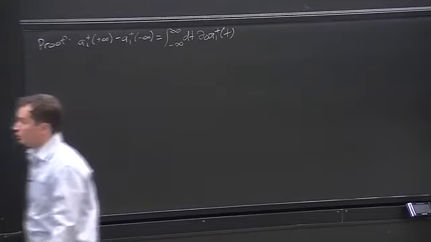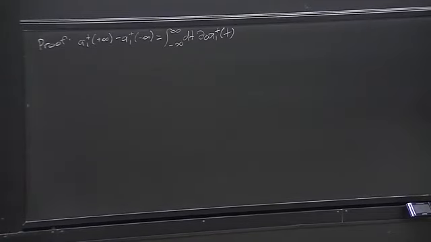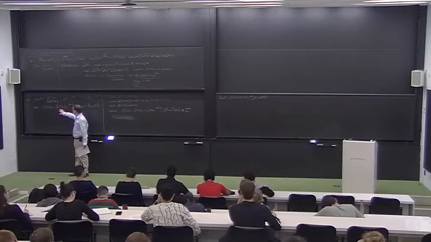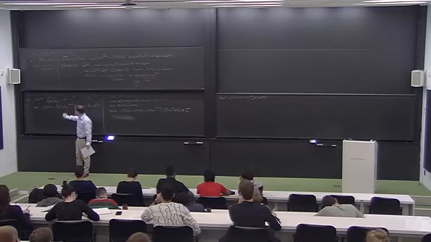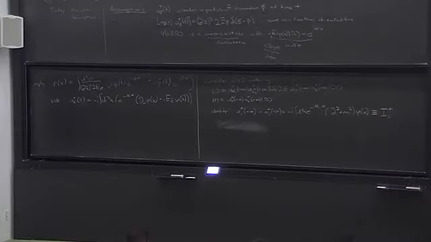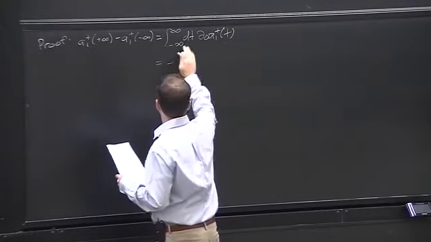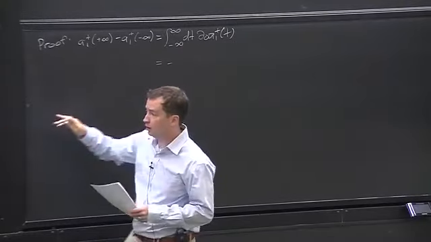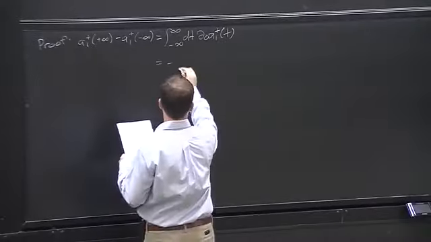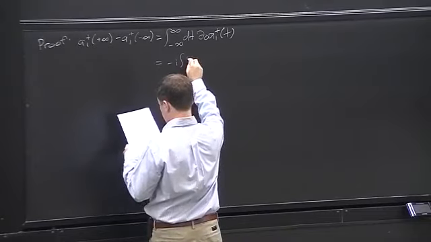And we know how the creation operator is related to the field operators. So we can just use this expression. And we've got an integral over time here. In the expression for the creation operator, we've got an integral over space. So we're left with an integral over space-time.